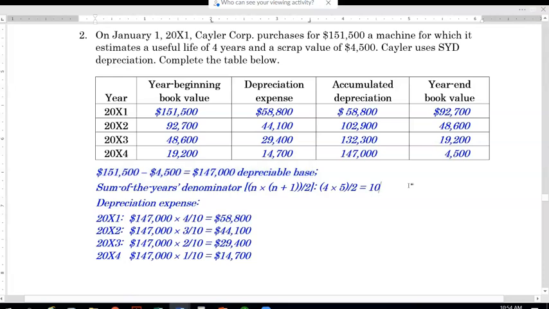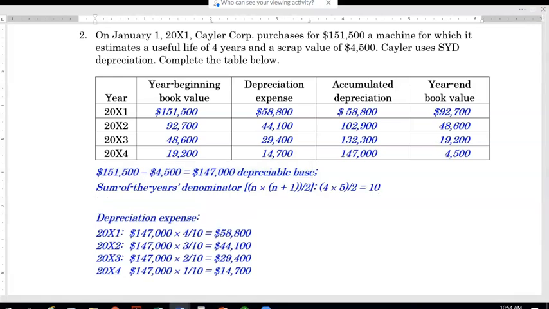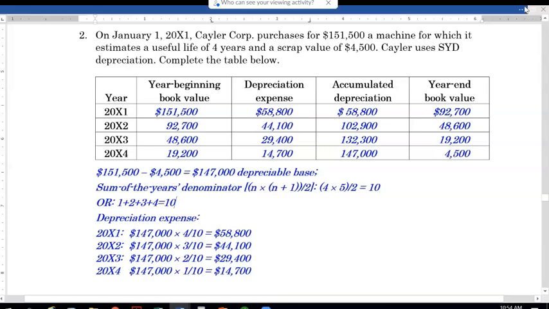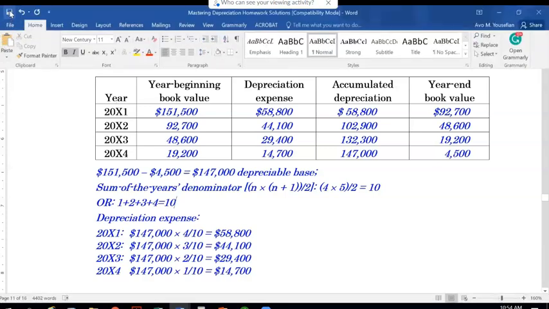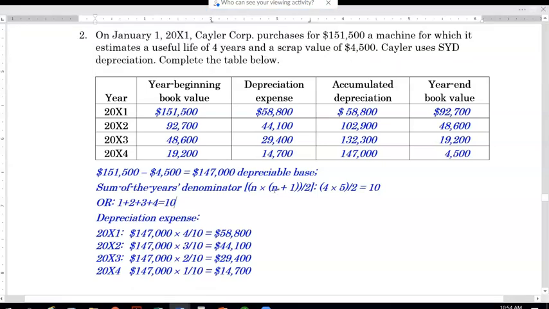To calculate the denominator, I can use the formula or, I say 1 plus 2 plus 3 plus 4 equals 10. There you go, 10. So now I know my denominator.